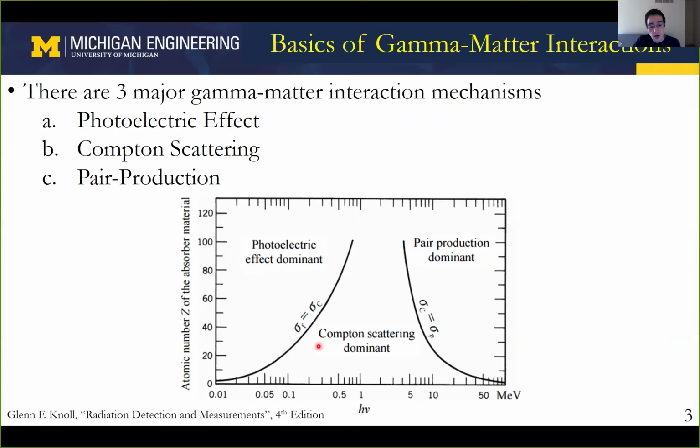When we go to higher energies, in this median energy right here, the main dominant interaction is via Compton scattering, and we're going to talk about it as well. Finally, at very high energies, the dominant form is pair production. Pair production occurs if the gamma ray energy is larger than 1.2 MeV.